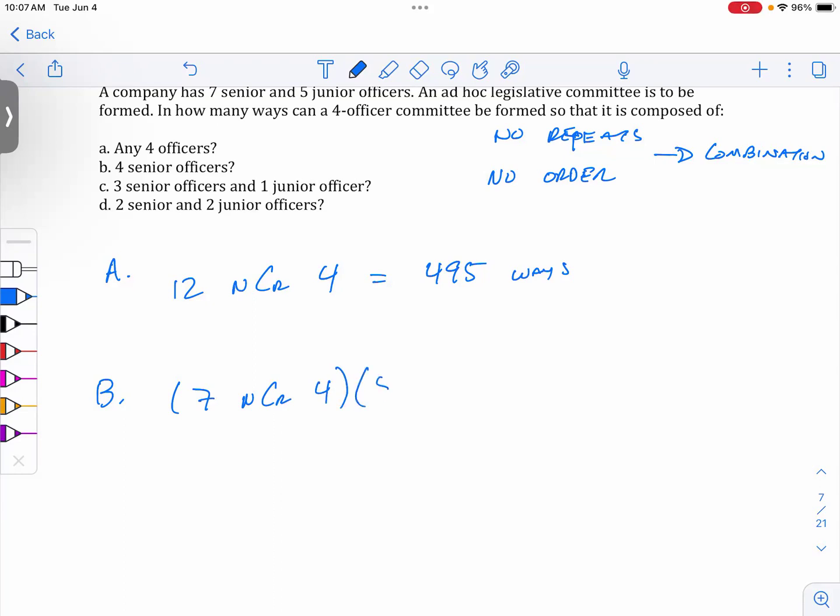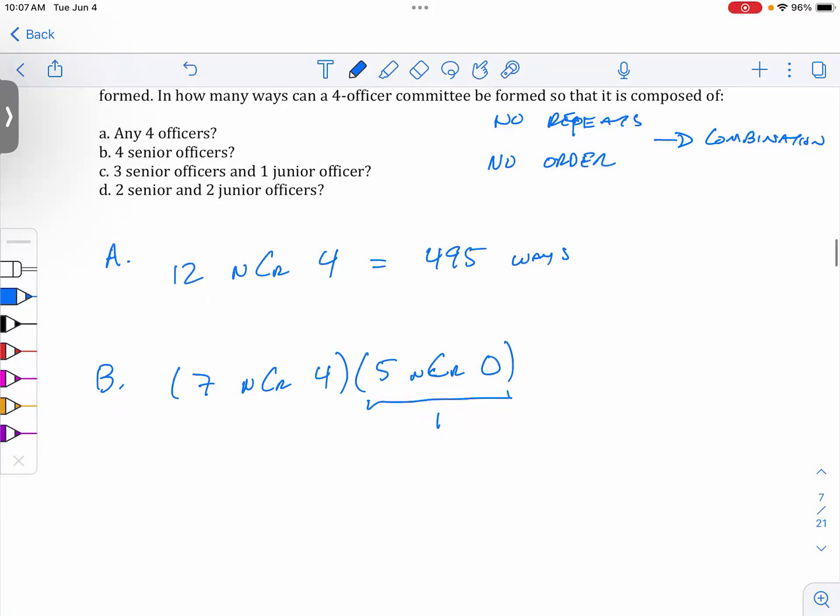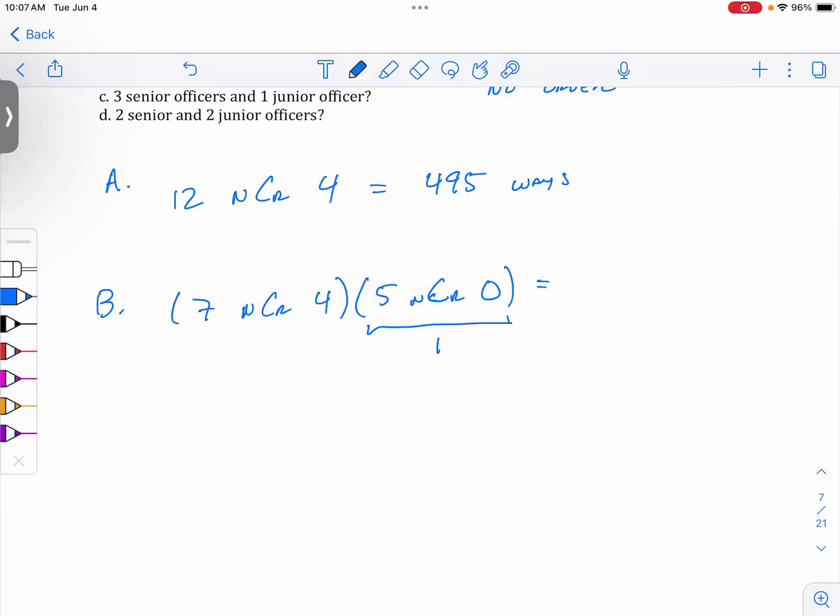And then of the 5 junior officers, NCR 0. Now, be aware that this number right here is 1. There's only one way to pull 0 people. I put that there just so you could see that I'm still accounting for all 12 people, but that number just becomes 1. So the only calculation I have to do is 7 NCR 4, which then gives us 35 ways.